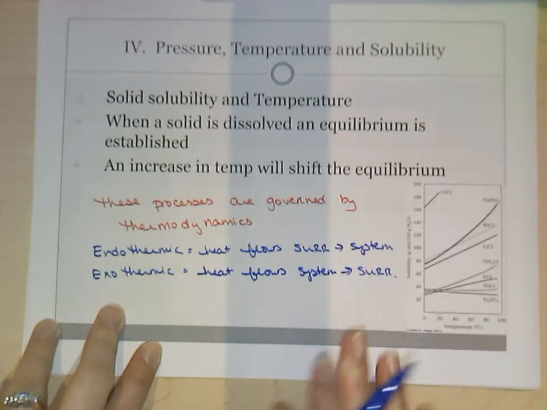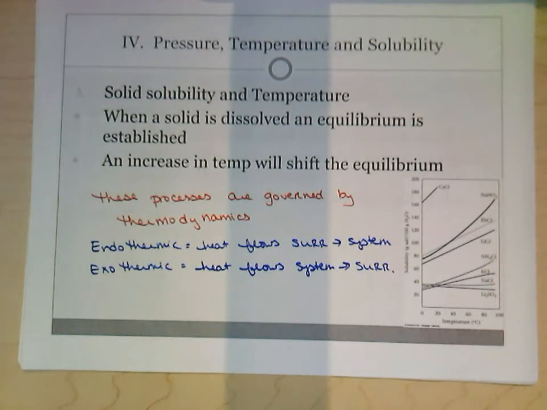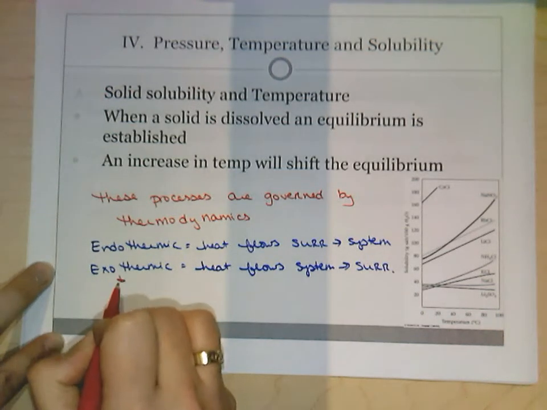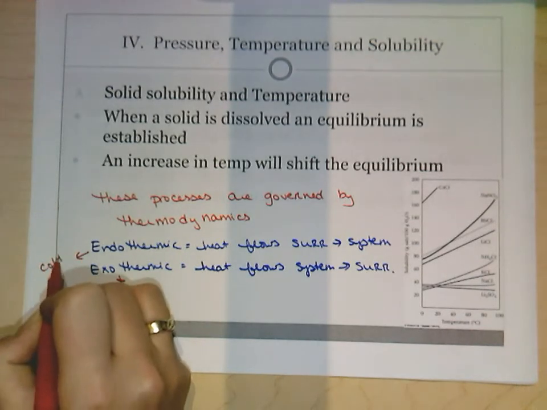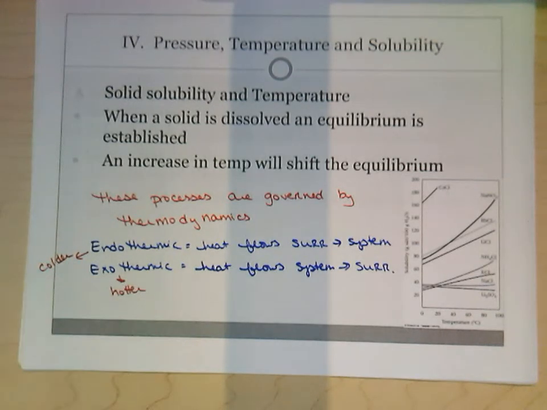All right, which one of those two is the one that makes the experiment feel like it's getting hotter? Yep. So this one makes it feel like it's getting colder. Good, all fairly coming back. Okay.